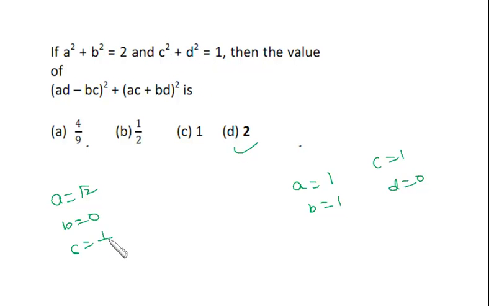So c is equal to 1 upon root 2 and d is also 1 upon root 2. Okay, now see, once again a, c, d, we have 3 values and the 4th one is 0. So the problem becomes very simple for us. ad that is 1, bc that is 0, ac that is 1 and bd that's 0. So once again you are getting 2.